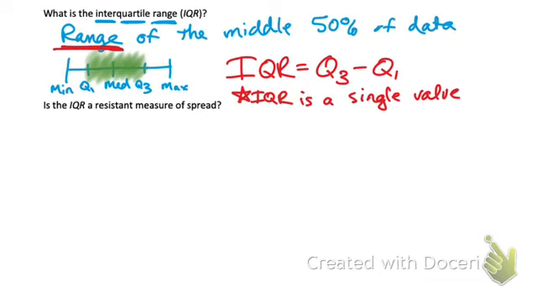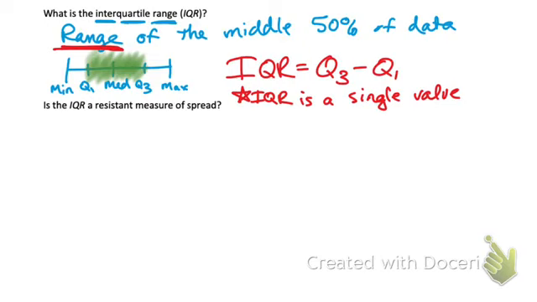All right, here's your challenge. Is the IQR resistant? Think about that for just a second. Have a little discussion with your group. See if you guys agree. All right, you guys, tell me what you think. Is it resistant? Yes.